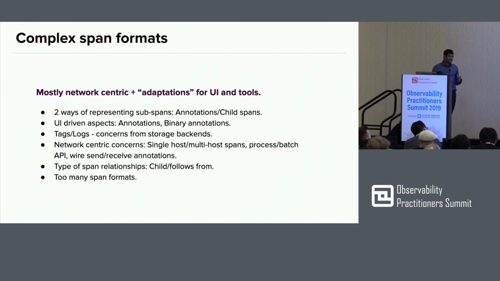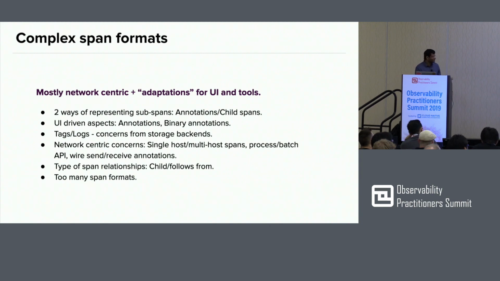What are logs? This is something from a storage concern, right? If you have application logs, generally these systems are stored in Cassandra or something, and you don't want to index this data in a specific way. So you put that data in logs, and then you put different data in tags, which is a more columnar-friendly, analytics-friendly thing, right?